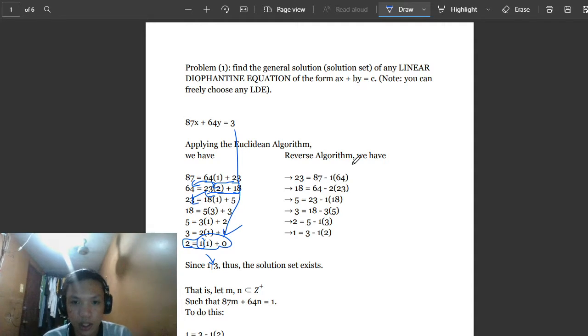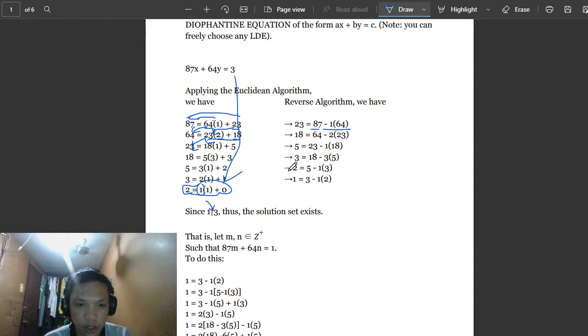So in the reverse algorithm, we just need to apply the addition property of equality. Transfer the 23, then it becomes minus.